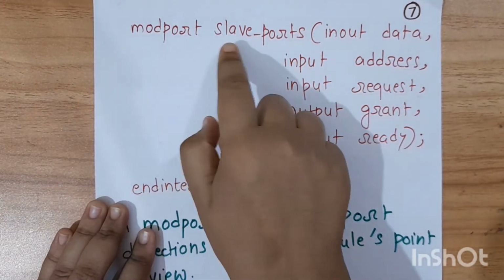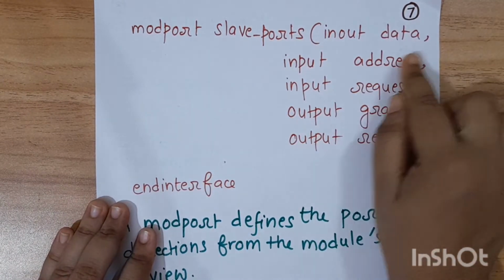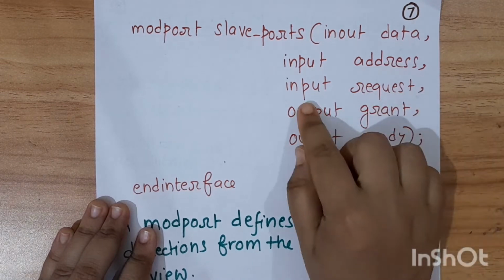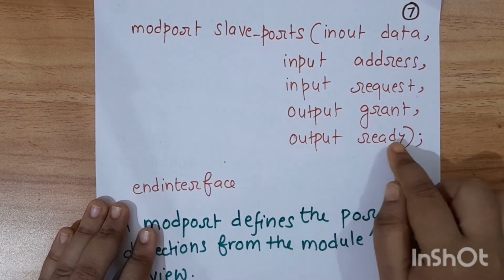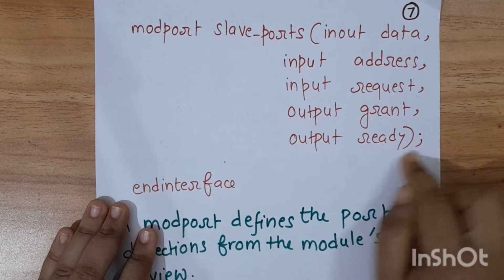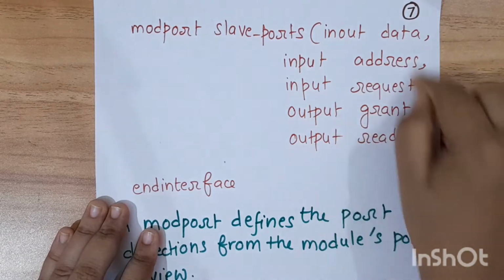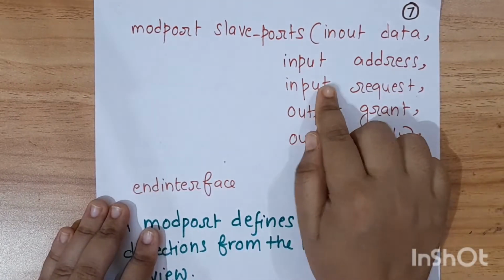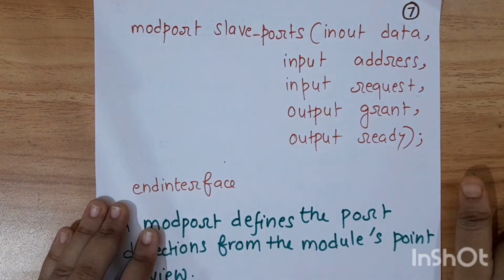Now modport slave_ports: inout data, input address, input request, output grant, output ready, bracket close, semicolon, and end interface. Here for the slave ports, I have provided the direction with respect to the slave.